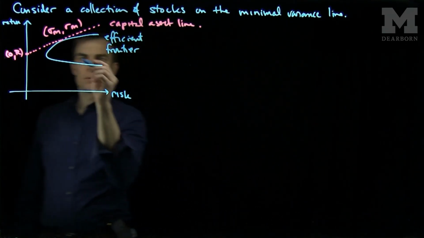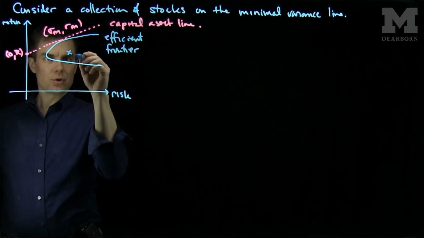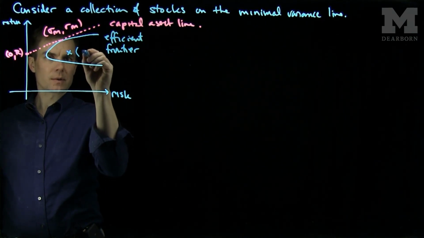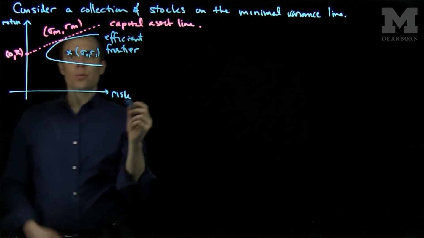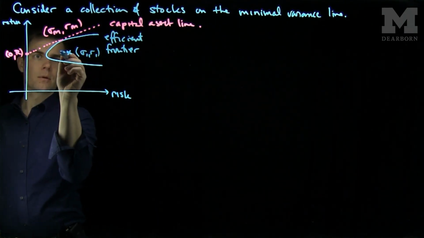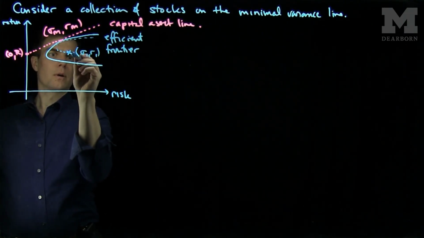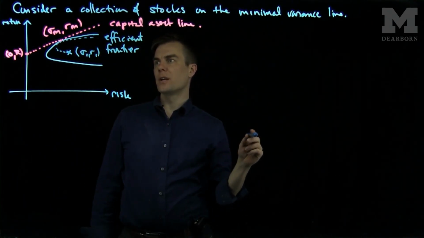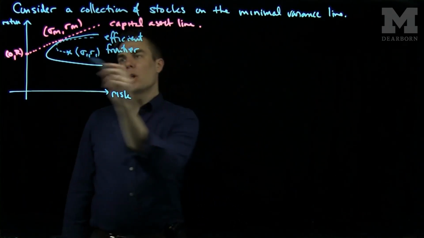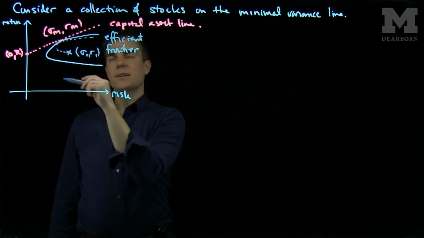Suppose now that we choose another stock, sigma 1, R1, and we can form the hyperbola which goes to the point sigma 1, R1 and sigma m, Rm, and it will also be tangent to the capital asset line.